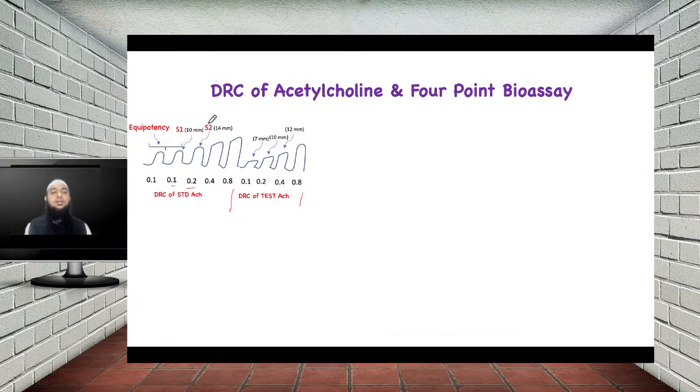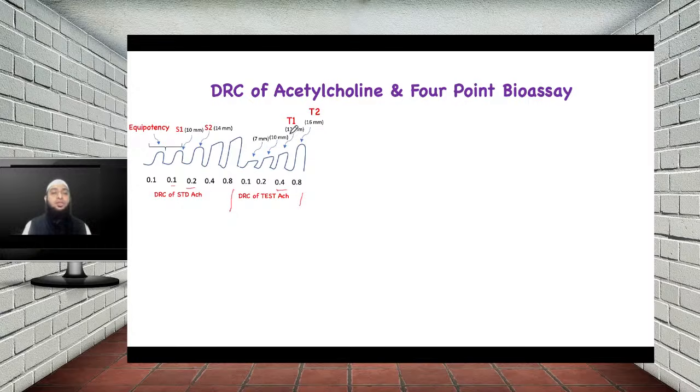So now let's see the height of the first dose, that is T1. The 0.4 ml dose is giving a 12 mm response height, and 0.8 ml is giving 16 mm. Since your 0.4 ml dose is giving a response height of 12 mm, you call this dose T1, okay? And the 0.8 ml dose is giving a response height of 16 mm.